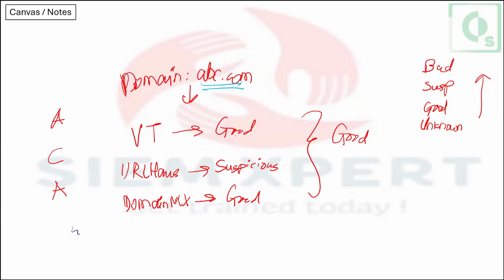In this scenario, I'll change this to D, and A is for VirusTotal. Even though my URL host is giving me suspicious, the verdict would be only good. But if I have the same source reliability, then the worst verdict logic will work.